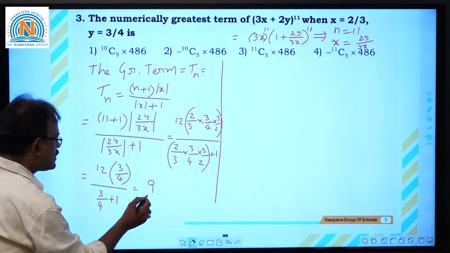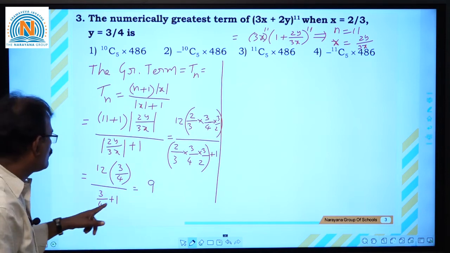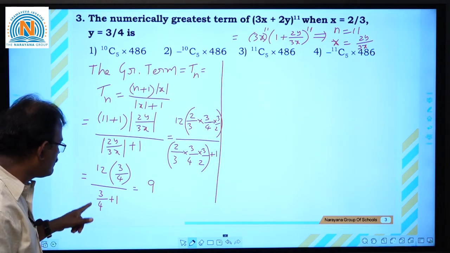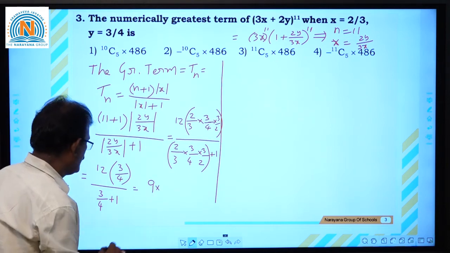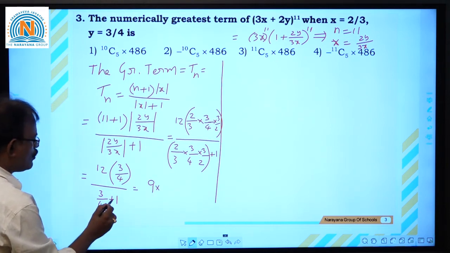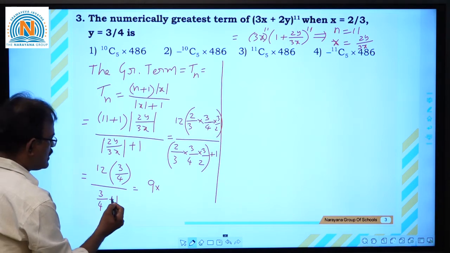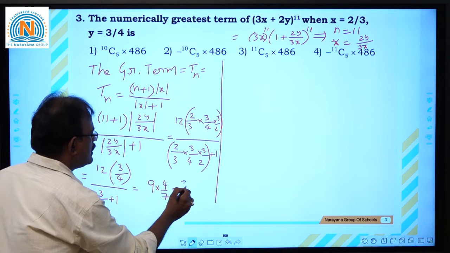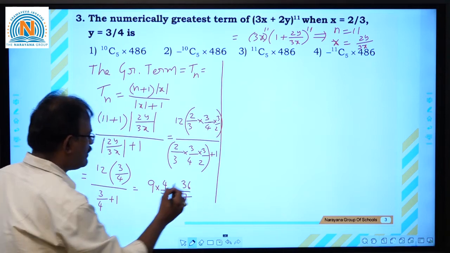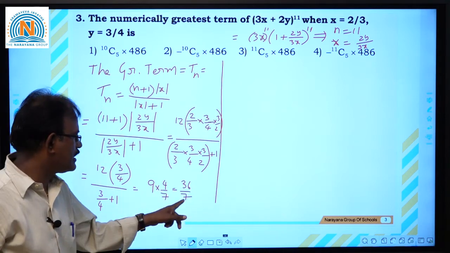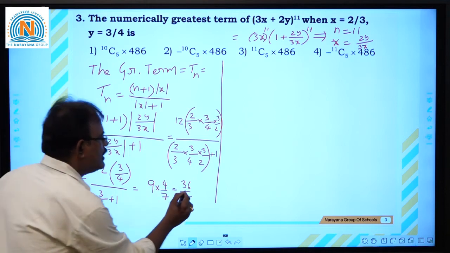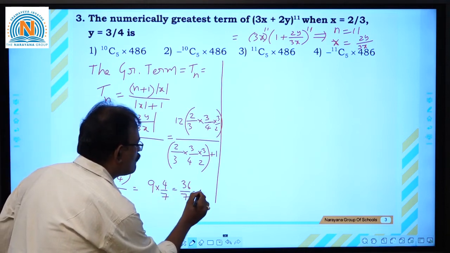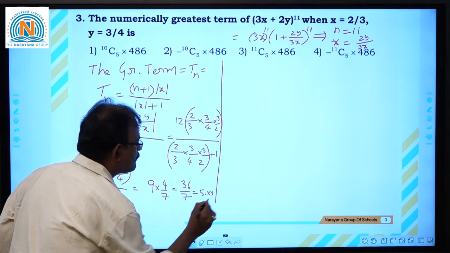This is 4 1s are 4 plus 3, 7 by 4. 7 by 4 is changed as 4 by 7. So this is 36 by 7, 9 4s are 36 by 7. If you do the division, this is 5 point some.